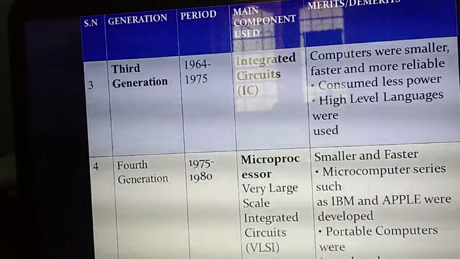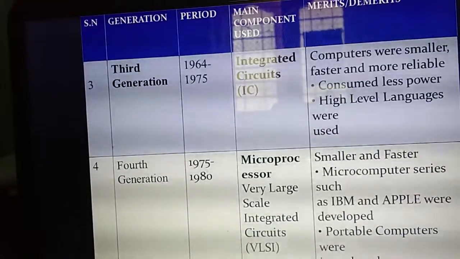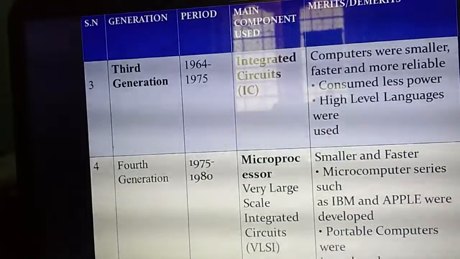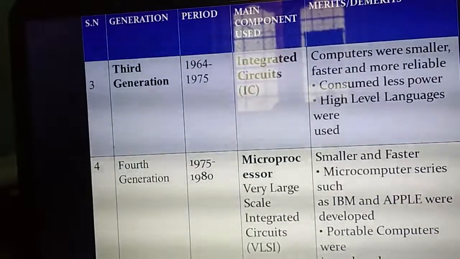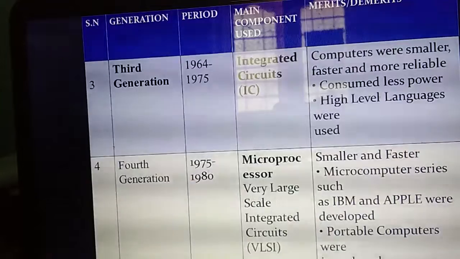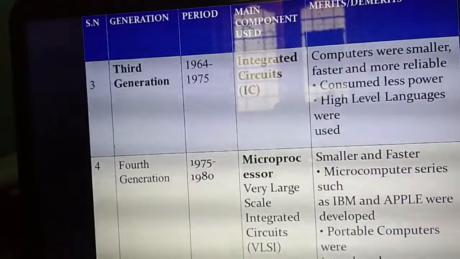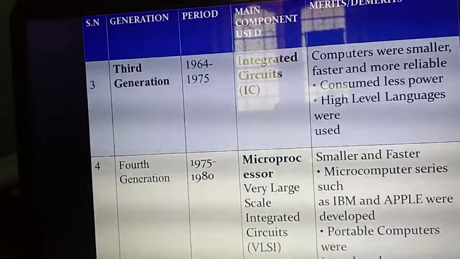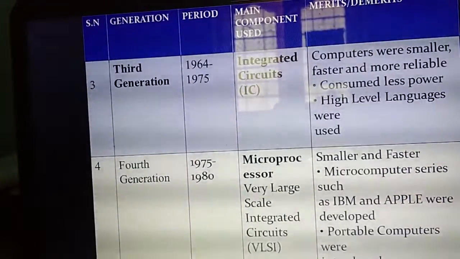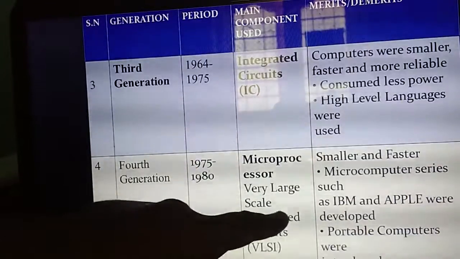VLSI means very large scale integrated circuits. This diagram is also given in our textbook. These fourth generation computers are very small compared to before, and very, very fast compared to the earlier generations. Microcomputers were introduced.